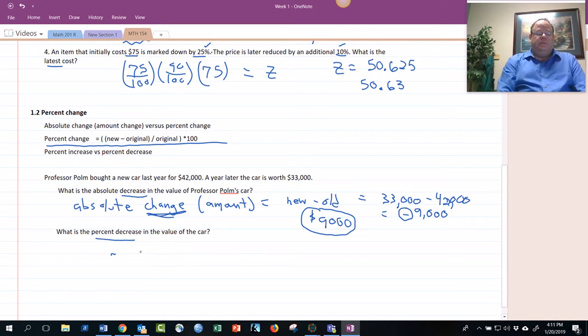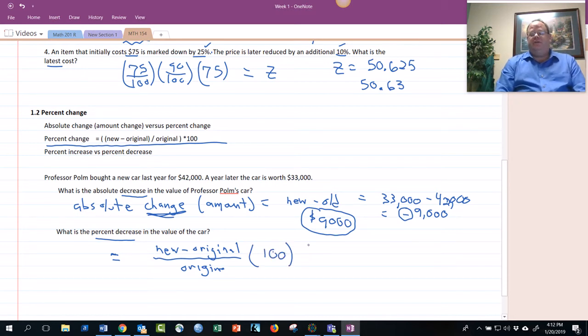All right, so remember, percent decrease is percent change. So this is going to equal the new amount minus the original amount. That whole thing divided by the original. And then take this whole fraction and multiply it by 100 to turn it into percent.